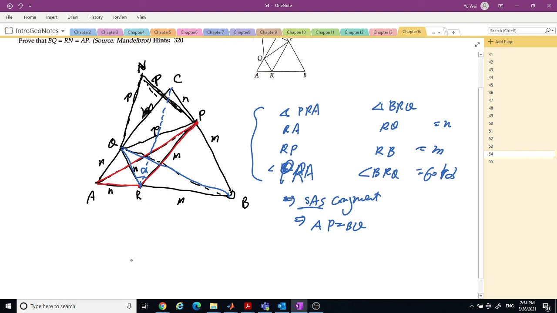We can prove that triangle CQR is congruent to triangle PQA.